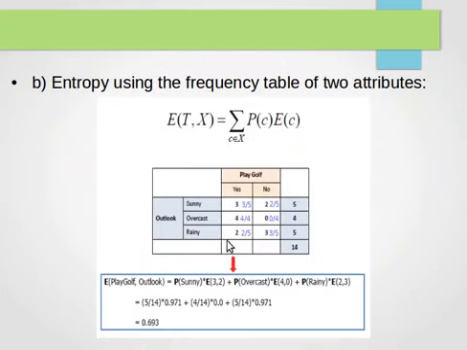And remember, for example, for sunny, the probability of the yes, the probability of the 3, is 3 over 5, and it is 2 over 5 when the class is no. So we don't use 3 over 9, and we're only concerned about the rows as we mentioned before. We plug those values in, which should be straightforward, and we end up with the value of the entropy as 0.693.